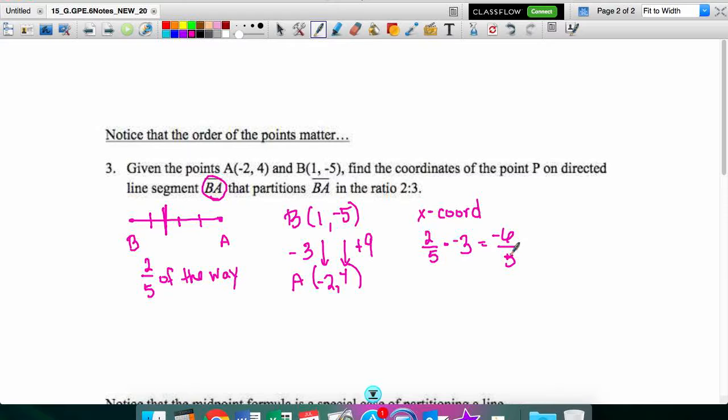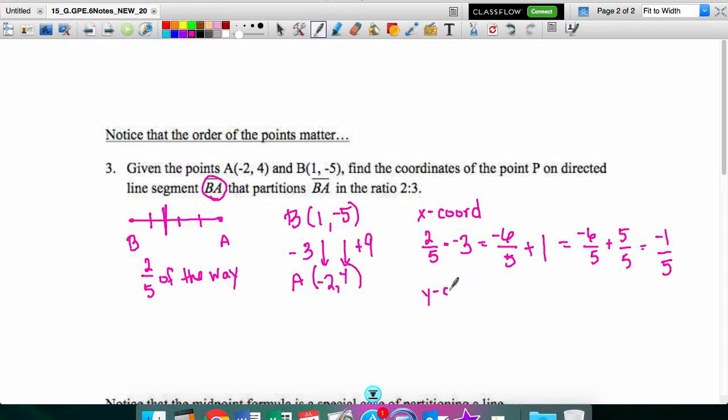It represents 2/5 of the entire distance that already separates these 2 points. And we're going to add this to our x coordinate from our first point, in this case, the B x coordinate, 1. I'm going to do this rather quickly, the math here. So I'm just making a common denominator and adding the fractions to get a final x coordinate of -1/5.